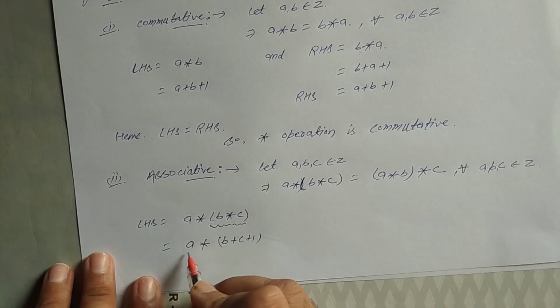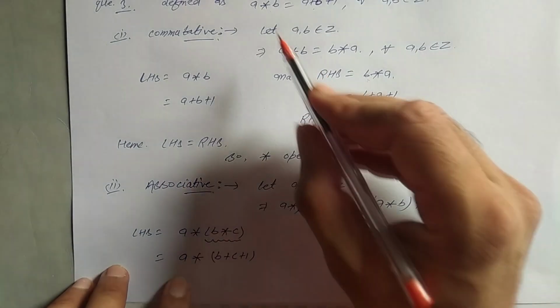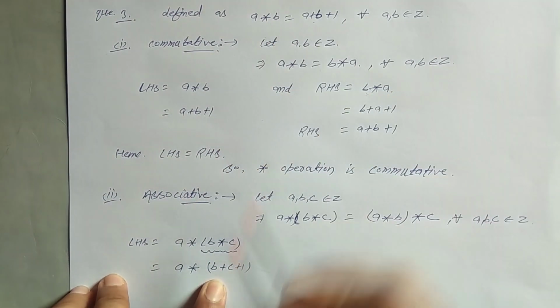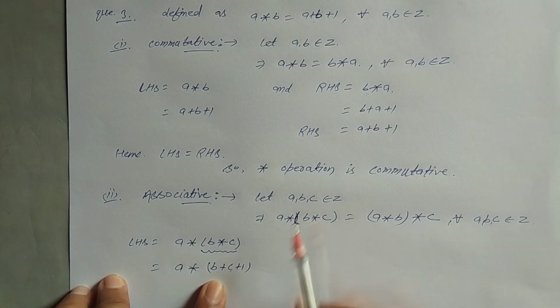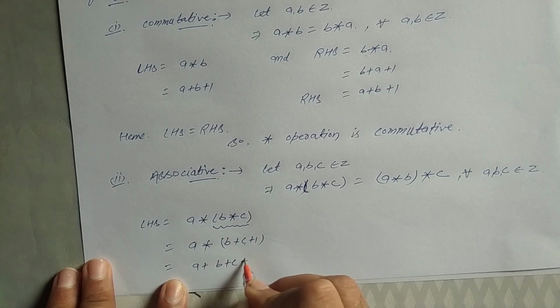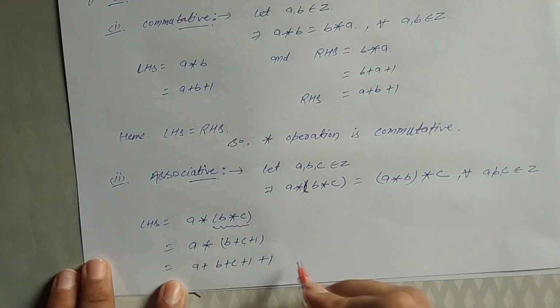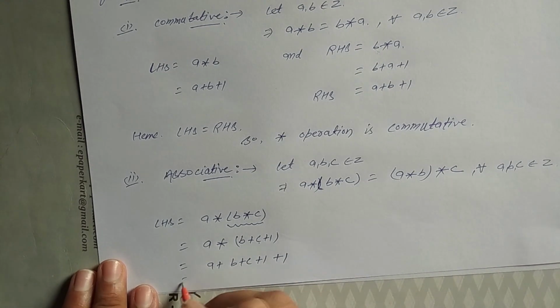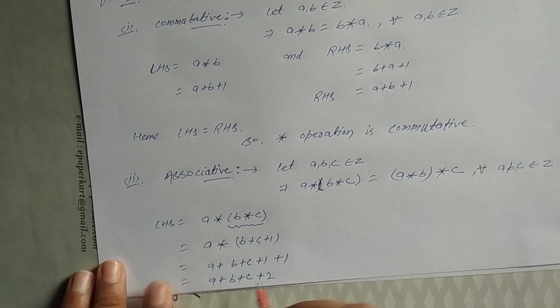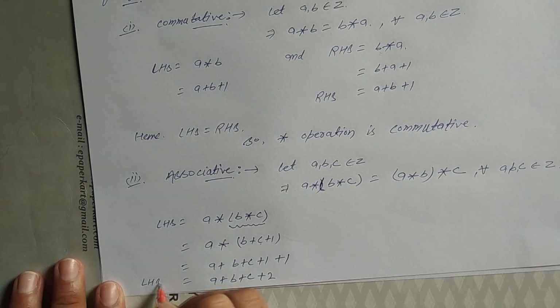Again, A star, with A equal to A and B equal to B plus C plus 1. It means A plus B plus C plus 1 plus 1, is equal to A plus B plus C plus 2. LHS.